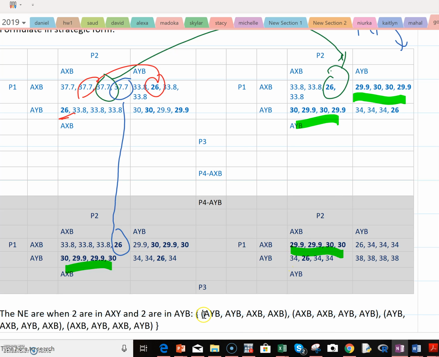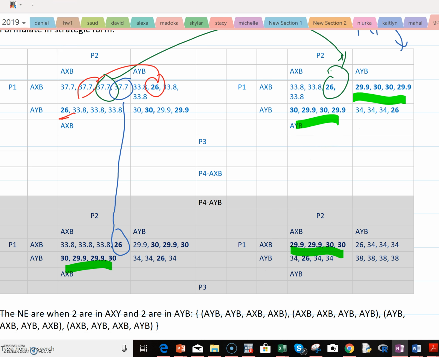Here, player 1 playing AYB, player 2 playing AYB, and then player 3 playing AXB, and player 4 playing AXB. This one here would be this. Player 1 is playing AYB, 2 is playing AYB. Oh no, this one.